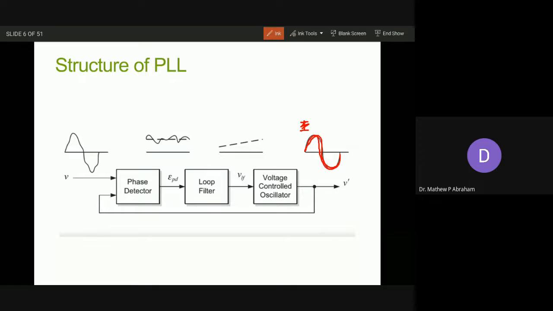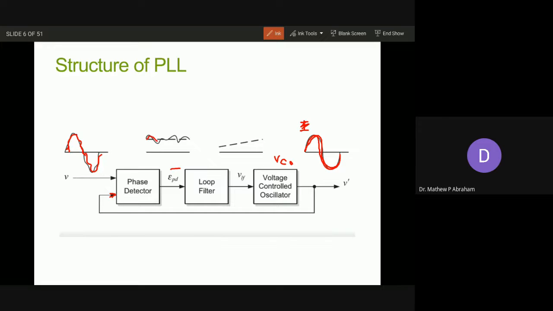So what we do in a PLL is, our grid voltage, which may be a polluted one, which may not be a pure sine wave, is given to a phase detector. And the output of the PLL, which is created from a VCO, which is a pure sinusoidal waveform, is compared with it in the phase detector. So the phase between our polluted wave as well as our output wave is calculated, and the error will be looking like this.